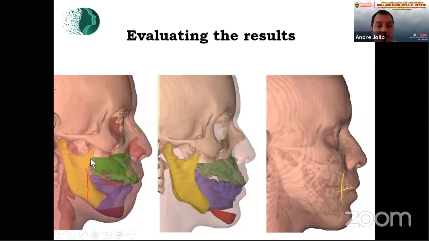On the left-hand side, we can have the pre-treatment. This is my treatment plan, and this is the final result on the right-hand side.